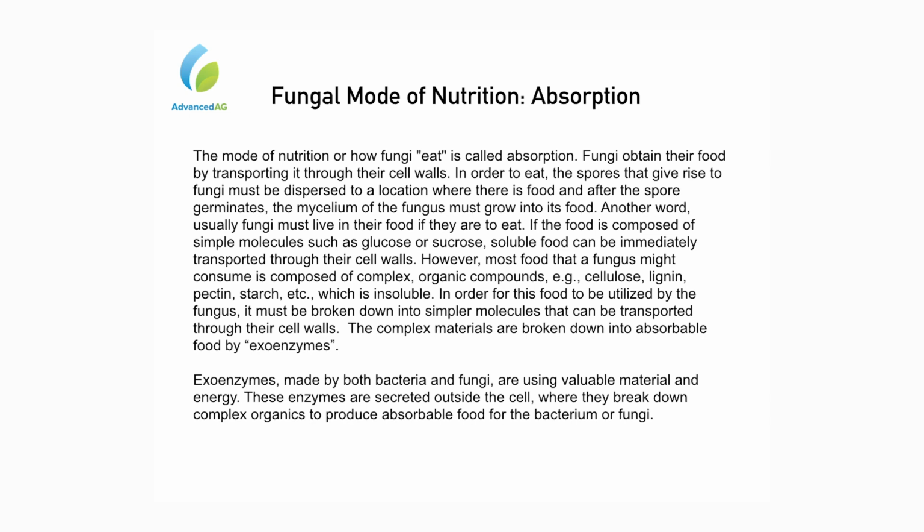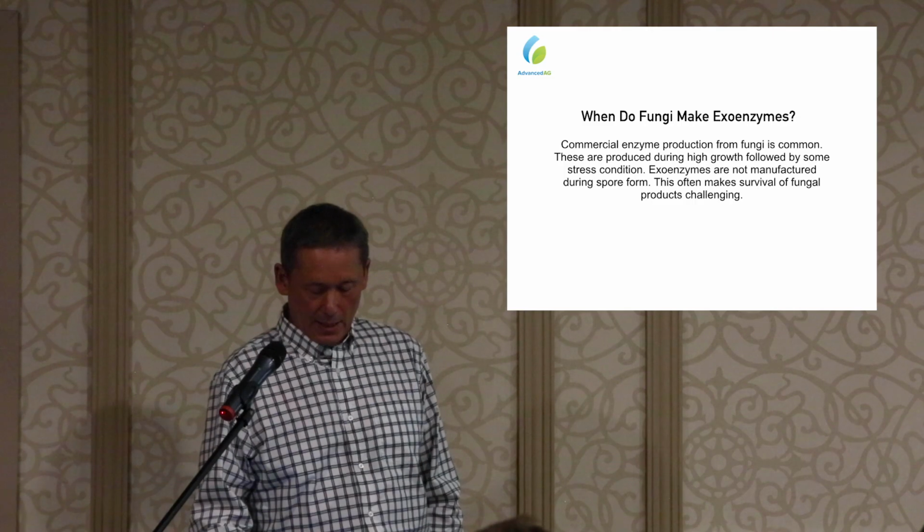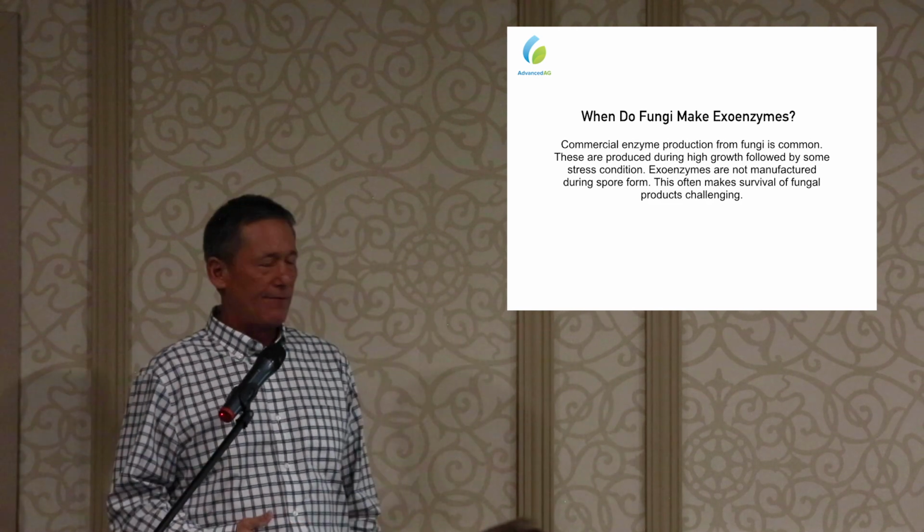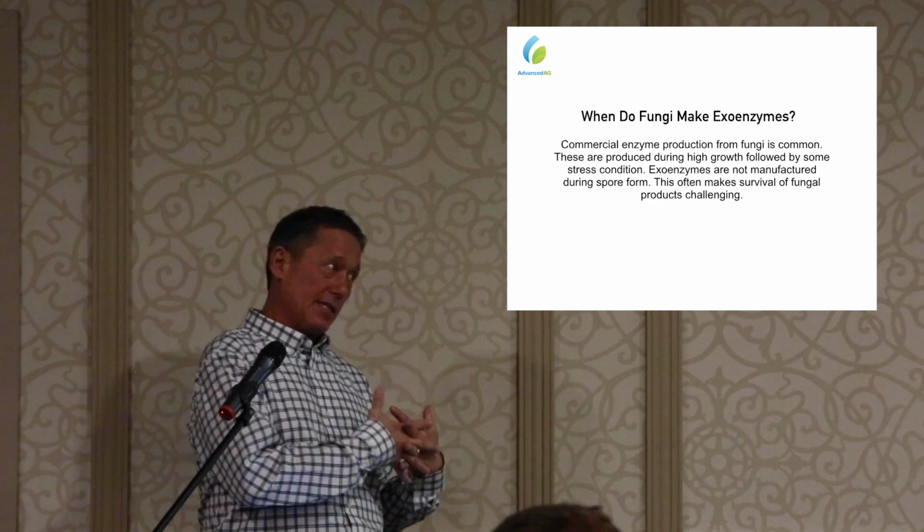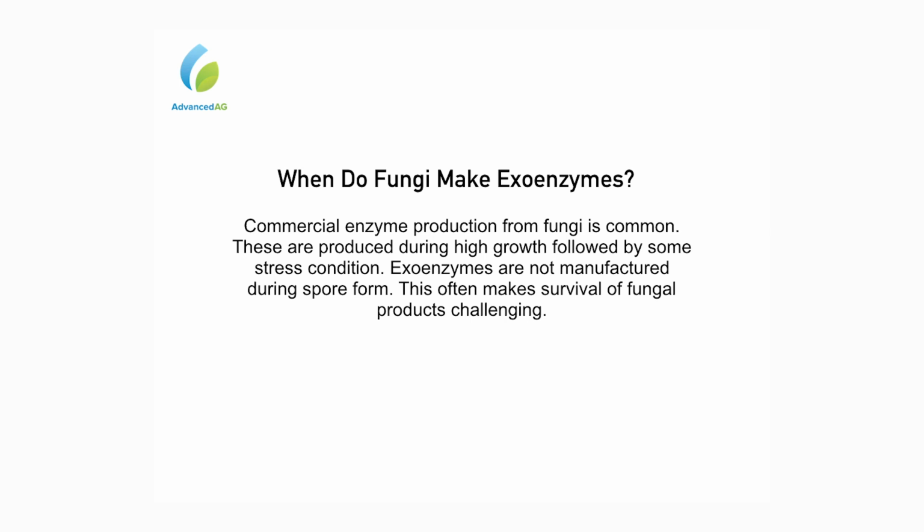The mode of nutrition, just like bacteria, is absorption. You have to have the simple soluble stuff or the fungi can't touch it. It has to get through the cell wall. It has to be soluble. So both bacteria and fungi can make these enzymes inside themselves that they excrete into the media, and that breaks down the complex stuff, and that gives them some soluble food.